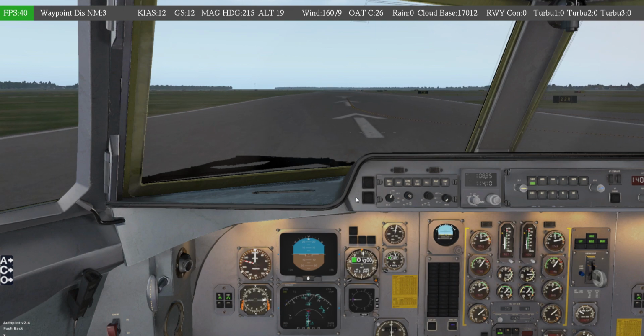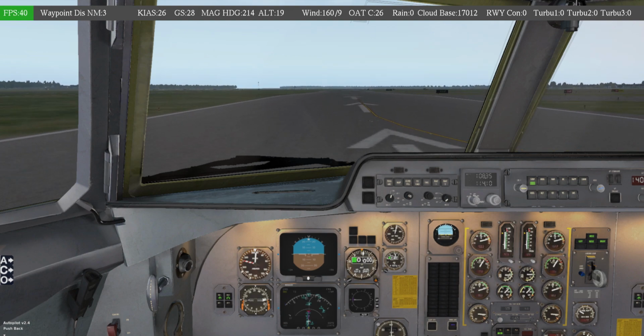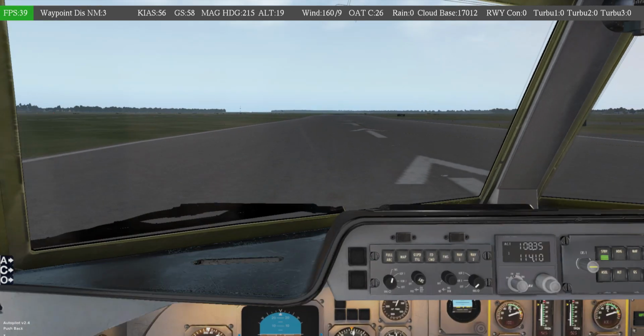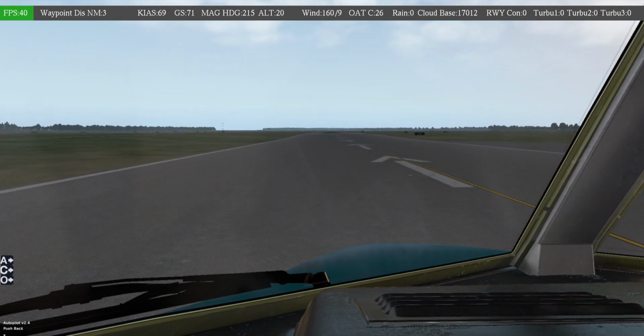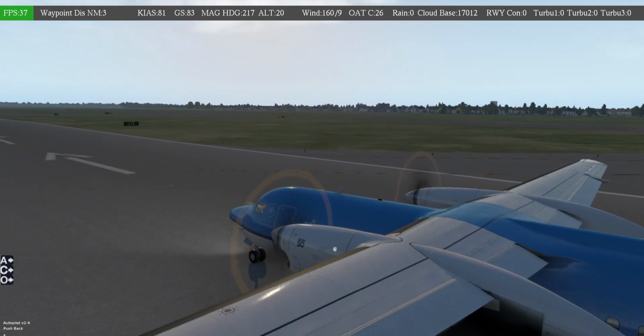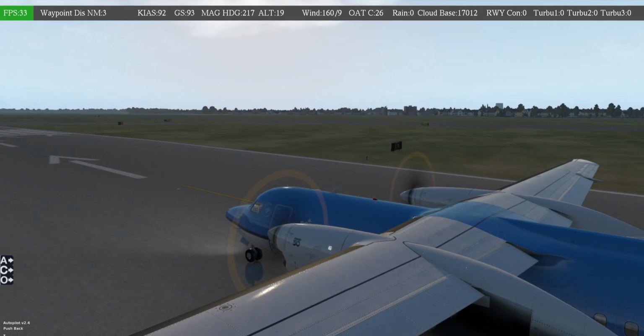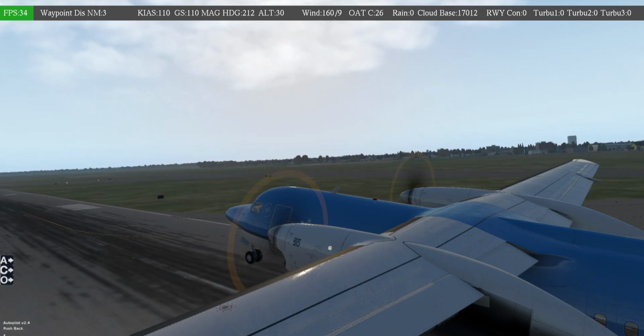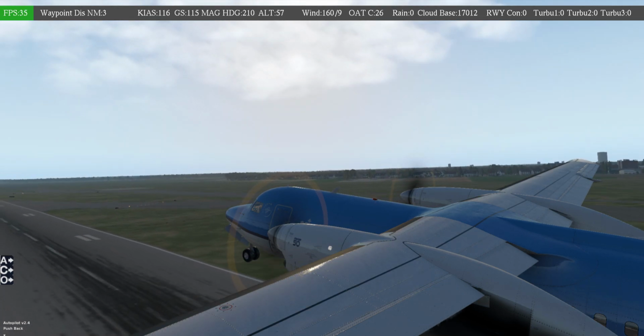But here we go. Thrust are set. And then we just continue down the runway here. And as you can see, we are already airborne.